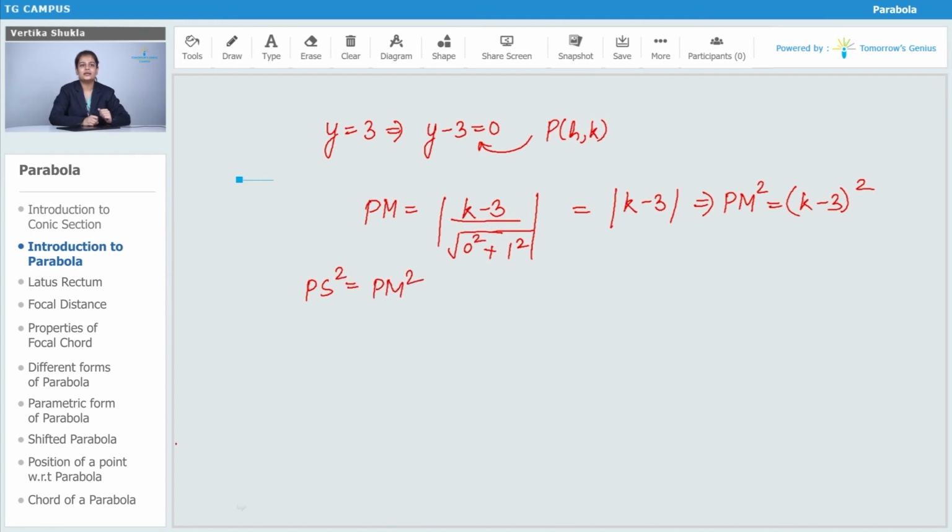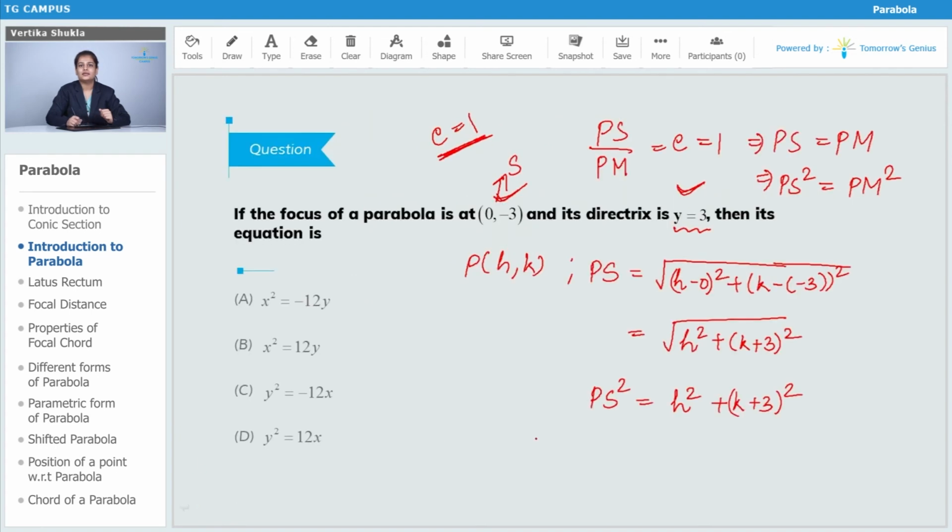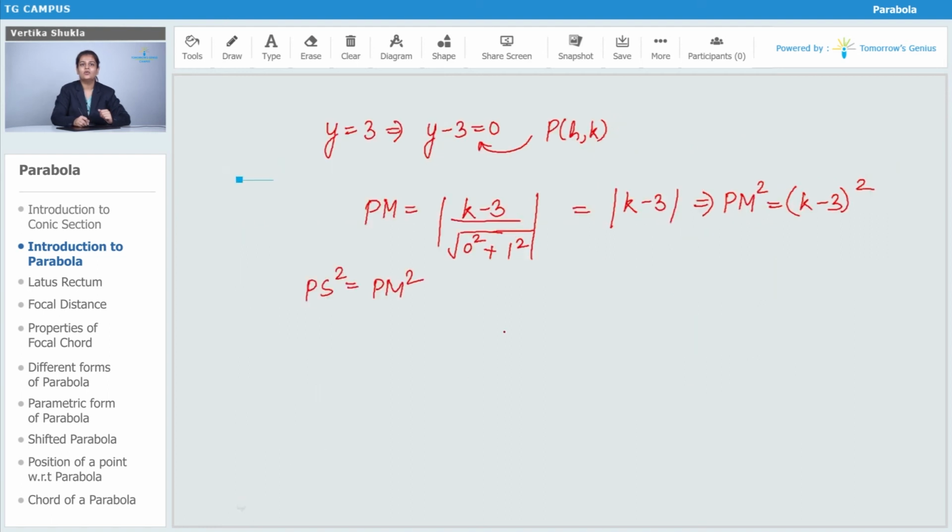What was your PS square? PS square was h square plus (k + 3) whole square. So write it down: h square plus (k + 3) whole square is equal to (k - 3) whole square. PS square is equal to PM square.